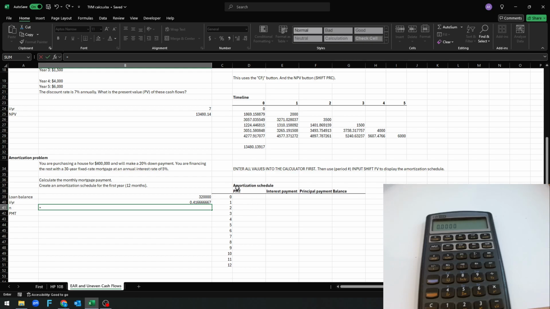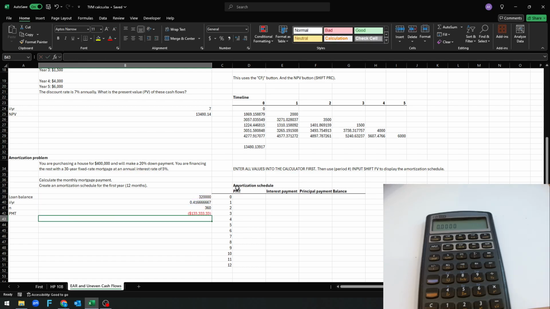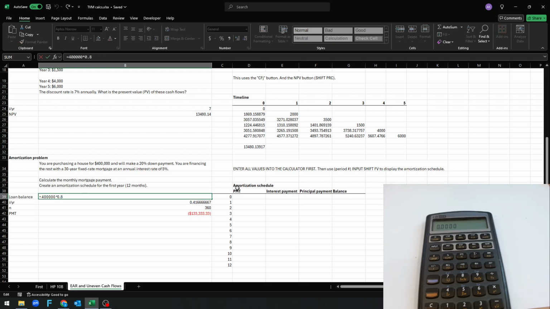So N is going to be 30 times 12, which is going to be 360. And then we need to calculate the PMT. So the way I would do this in Excel is this: rate, number of periods, PV. Let's represent this as a negative.